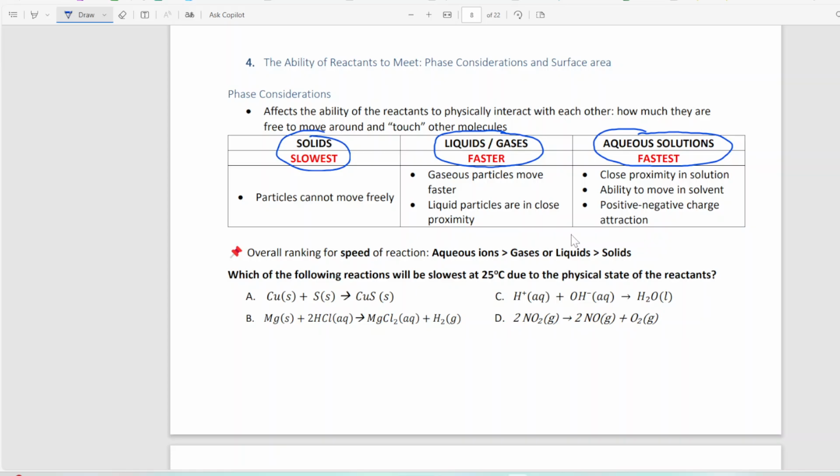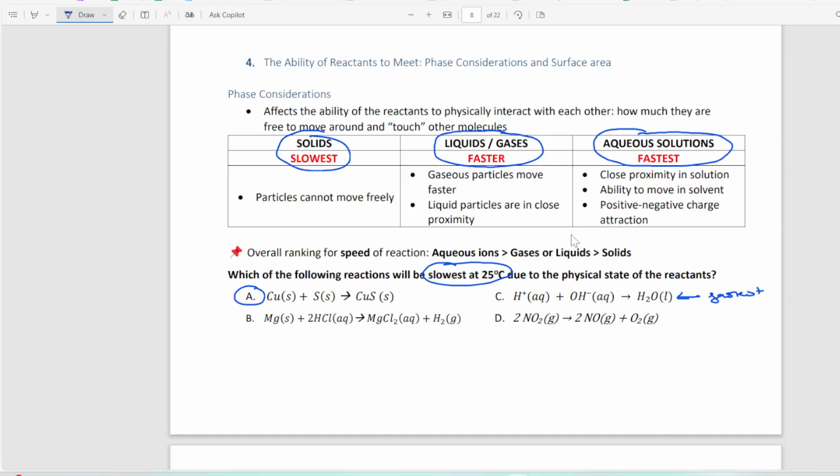So if I asked you which of the following reactions would be slowest at 25 degrees Celsius, what would you think? Well, it's going to be the one with all the solids, right? If I asked you which one would be the fastest, which would it be? Aqueous. Right? So this would be hydrogen ions and hydroxide ions floating around in solution. Of course, they want to make water.